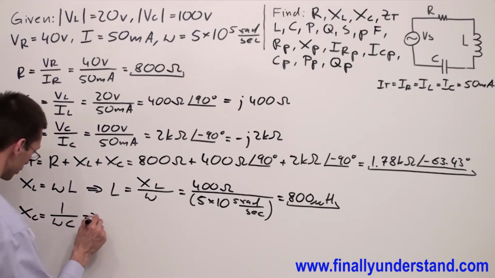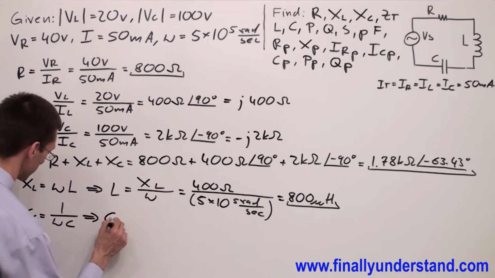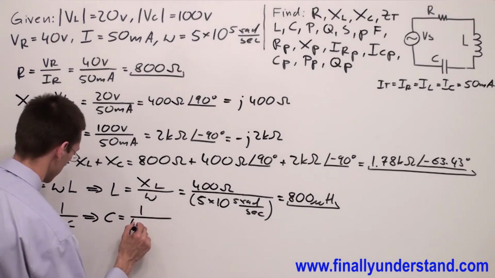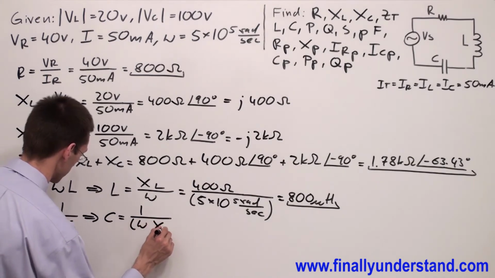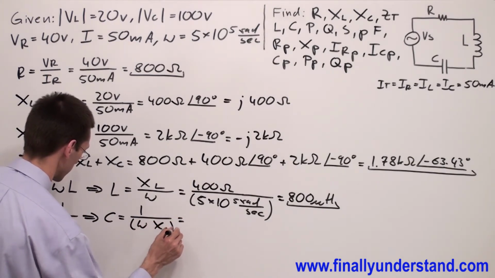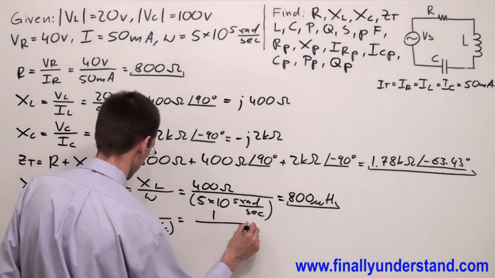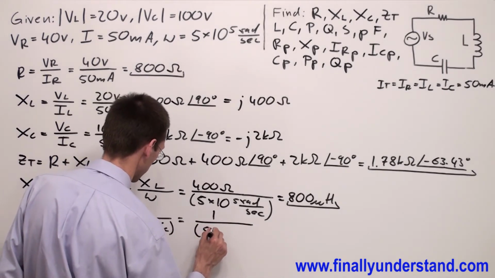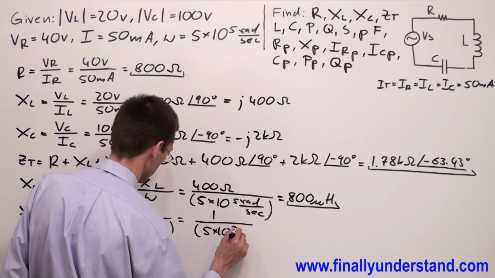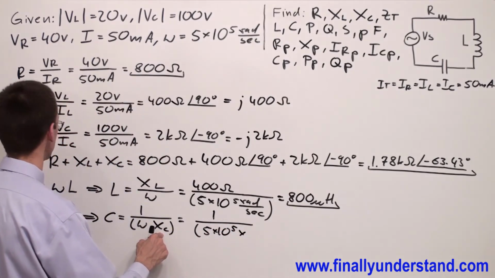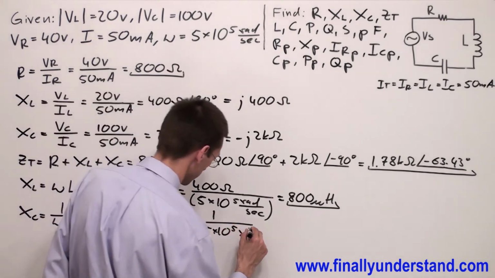So solve this formula for C. C is equal to 1 divided by omega X of C. So this is equal to 1 divided by omega, 5 times 10 to the 5th, times X of C, which is equal to 2 coulombs.